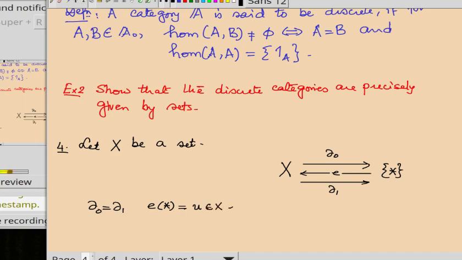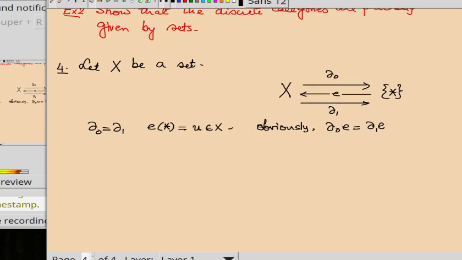Okay. Now, obviously, partial 0 E is equal to partial 1. There is no question about it. Now, so what's the picture like?